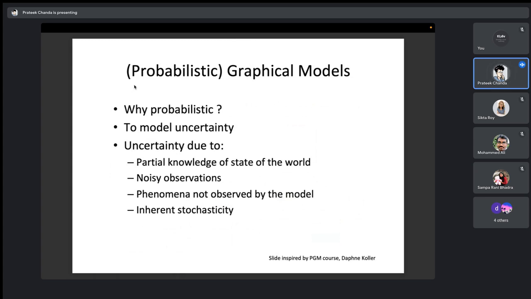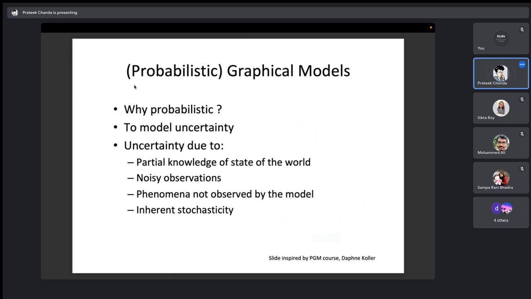Uncertainty can be due to many things. One is partial knowledge of the state of the world. Another is noisy observations, where you have error in the measurements. For example, in medical diagnosis, if you do a blood test, your sugar levels may be slightly mismatched due to different phenomena, like noisy observations during the reading phase.